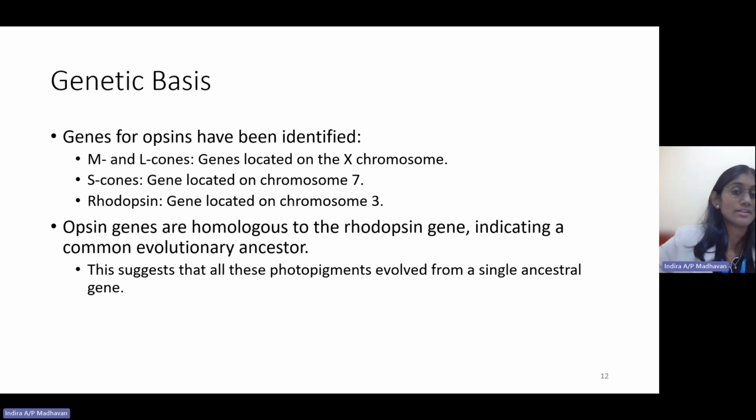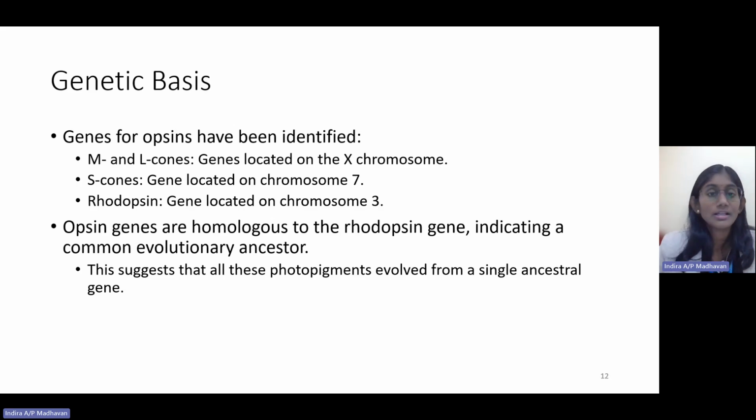So if you have one particular uniqueness in your green and red cones, that will be transferred to your kids also, or to your future generations. Opsin genes are homologous to the rhodopsin gene, indicating a common evolutionary ancestor.